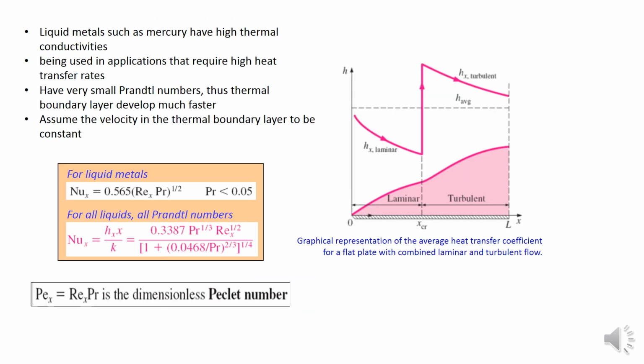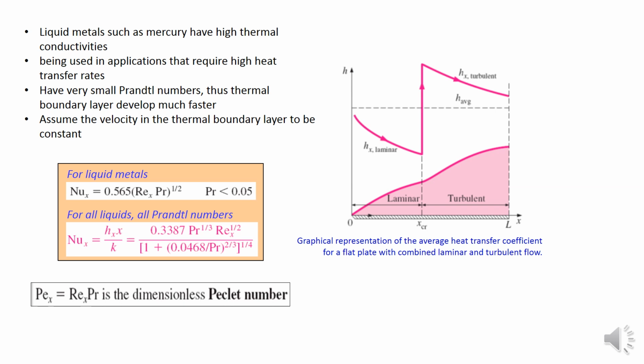Liquid metals such as mercury have high thermal conductivities and are used in applications that require high heat transfer rates. But they have a very small Prandtl number, thus the thermal boundary layer develops much faster. So for liquid metal, the Nusselt number is different, which is written in black, and the Prandtl number is less than 0.05.